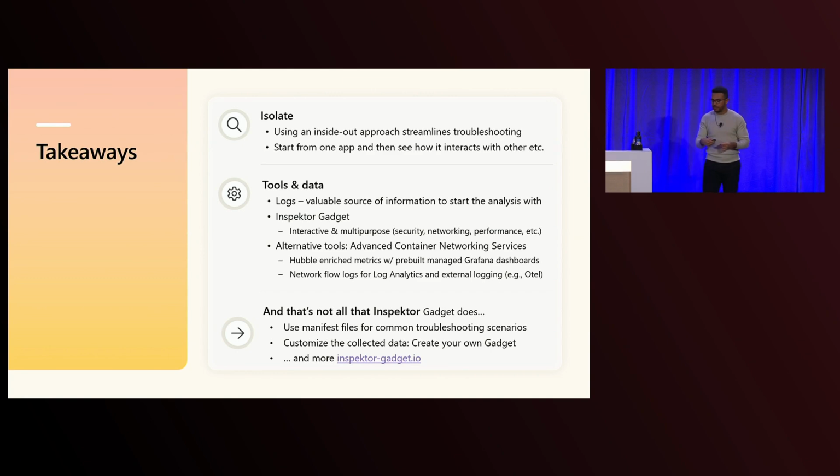As an alternative, if you want to focus on just metrics and logs related to networking, and you want to support also Windows, we definitely suggest you check the advanced container networking services. And last, we just demonstrated a set of features that Inspector Gadget has, and it has a lot more, so I invite you to visit the website to check them.